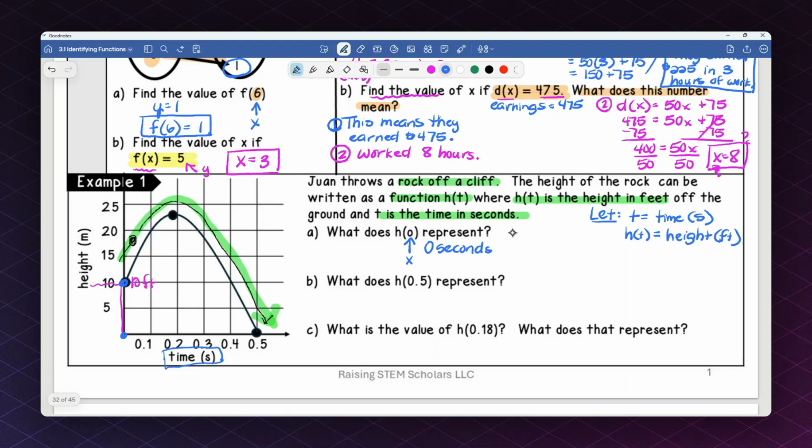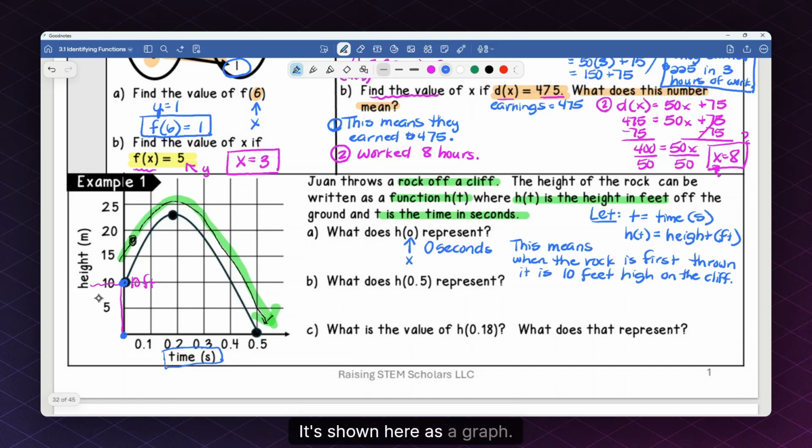So what does it represent? This means when the rock is first thrown, we can see that it is 10 feet high, okay, on the cliff.